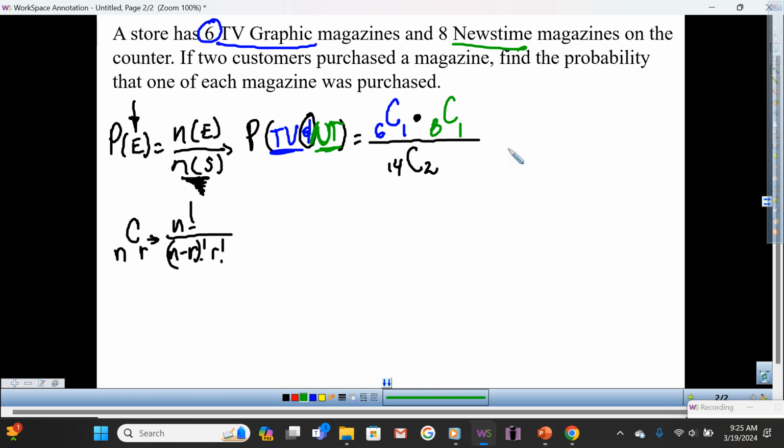That is correct. So now that we have our formula to follow, let's write 6C1 here and 8C1 there. And then down here, 14C2.